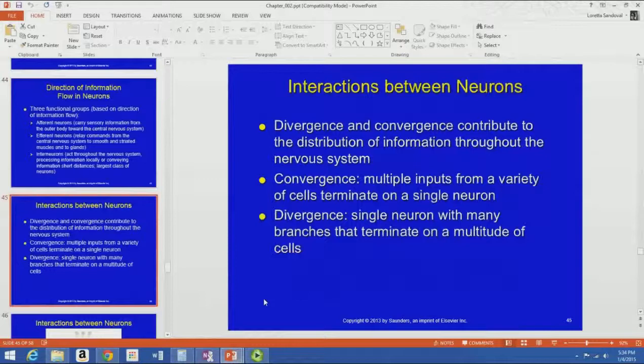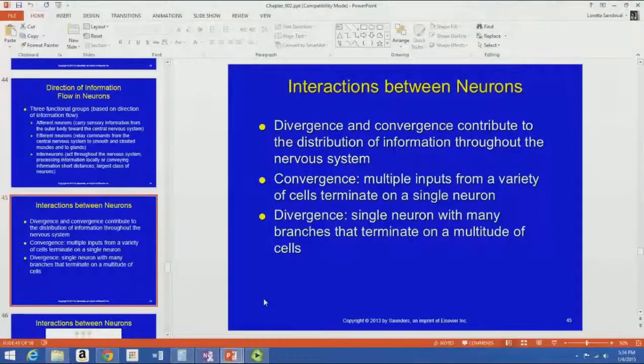When we were talking about the different types of neurons, where we had the multipolar and the bipolar and those sorts of things, there's a lot of reason for that, and it's because the different types have different interactions between the neurons. So we talk about divergence and convergence for distributing information throughout the nervous system.